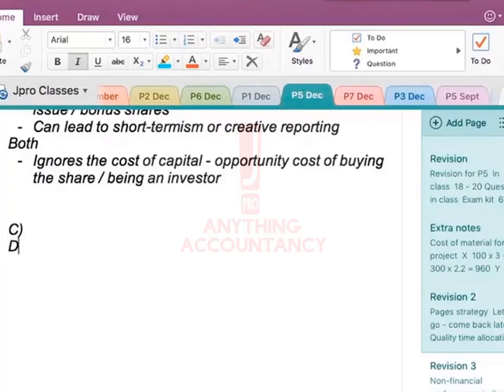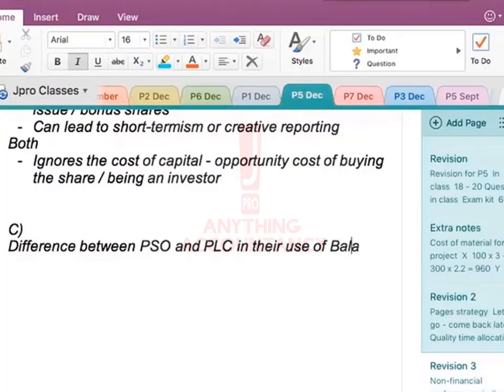The difference between a public sector organization and a public listed company. The use of the balanced scorecard. Does that make sense?